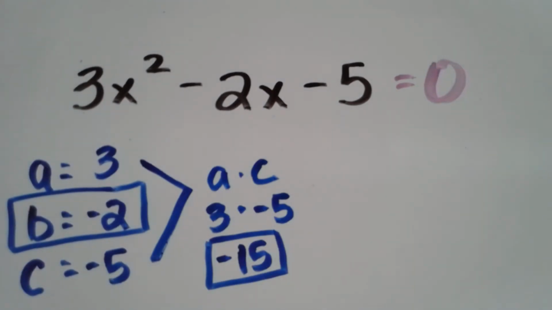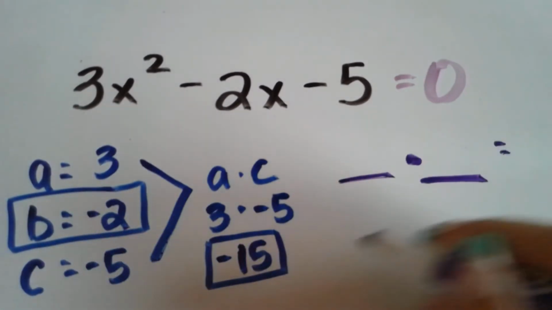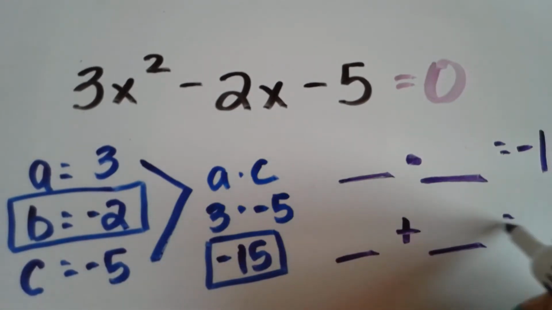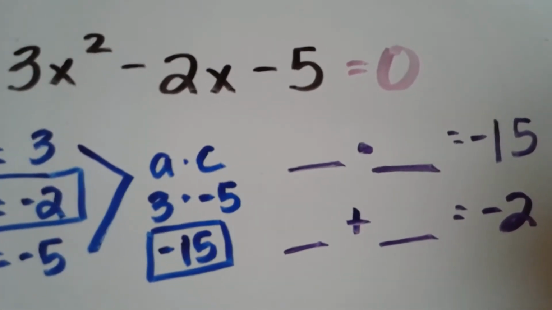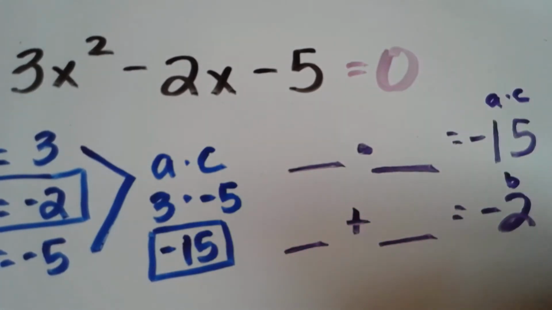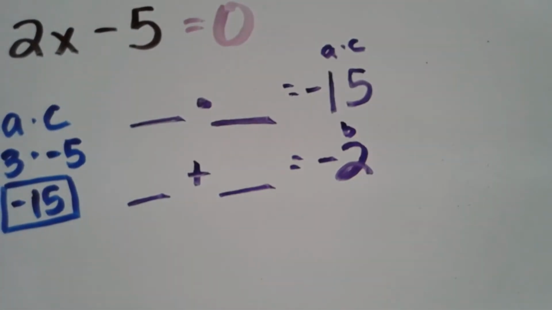Now, let's go ahead and get into our next step. Our next step is we're going to go ahead and fill out our little puzzle. So what two numbers can multiply to equal negative 15, and those same two numbers can add to negative 2? Okay, that's our B. I'm moving the camera over. So this was our A times C, and this is our B. Okay? Now, the factors of 15, okay?